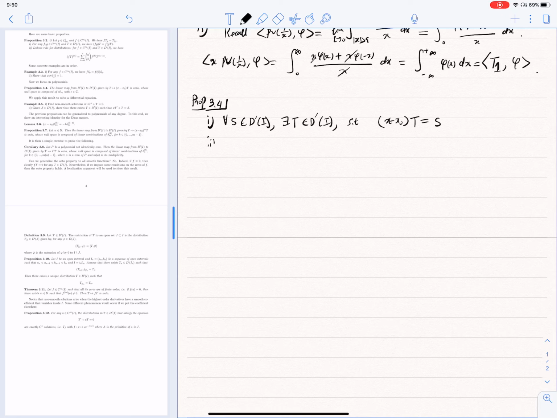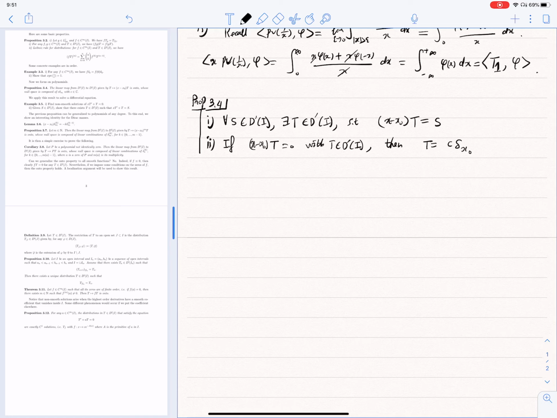Secondly, we have something to say about its null space. So in other words, we're going to show that if the multiplication of the linear function and T is equal to 0, with T a distribution, then T has to be a constant times the Dirac mass on point x naught.